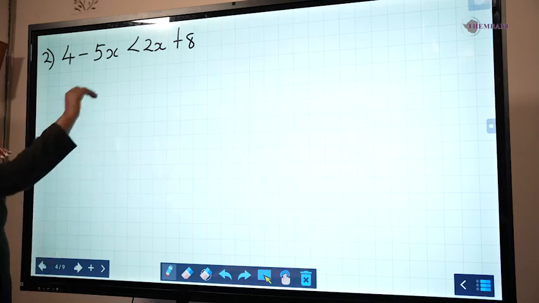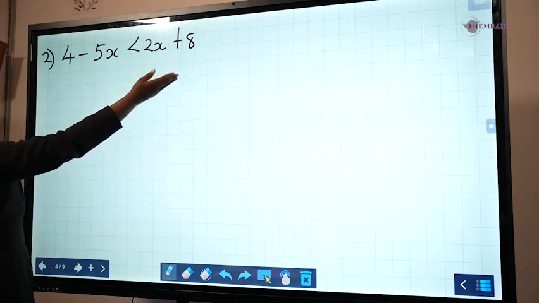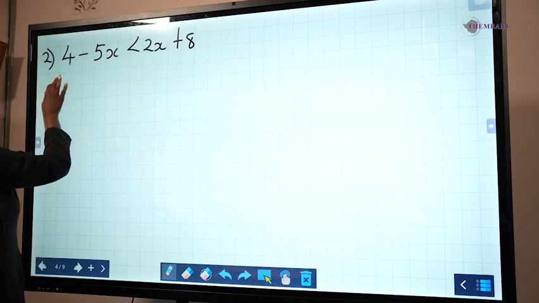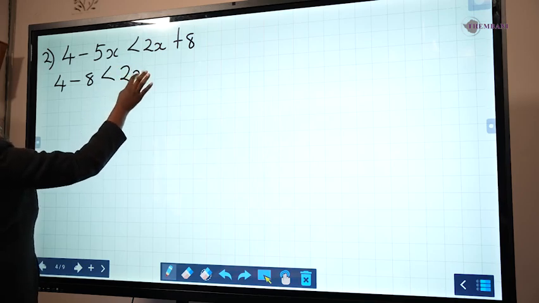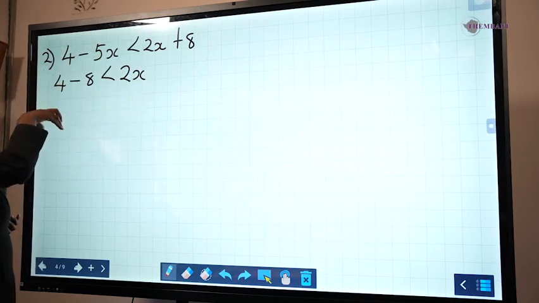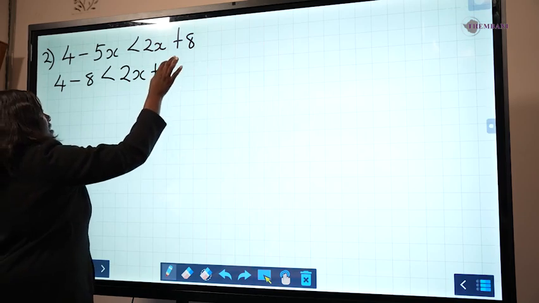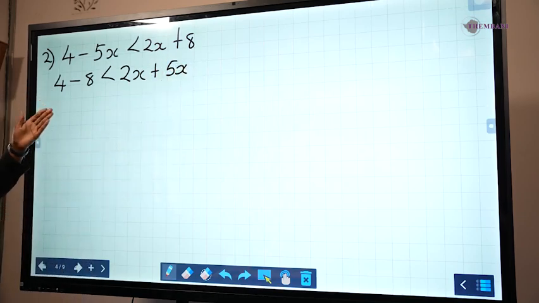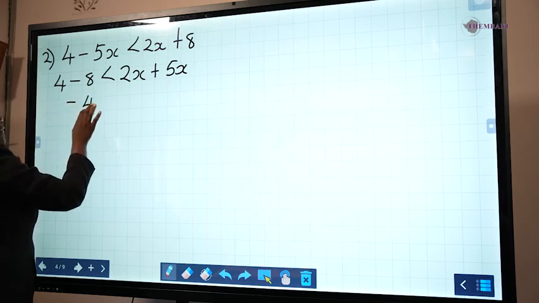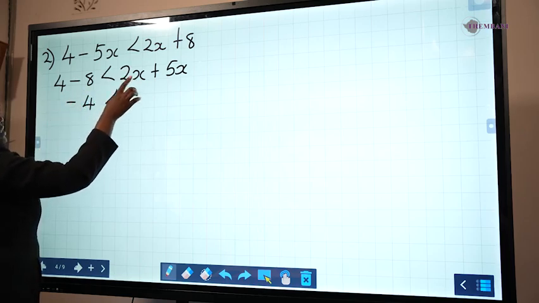So that 8 is going to cross the inequality sign. So I have a 4. If it crosses the inequality sign, it becomes negative 8. Then I put my inequality sign, I have my 2x. If this 5 crosses the inequality sign, it becomes a positive 5x. So 4 minus 8 will give me a negative 4 is less than 2x plus 5.